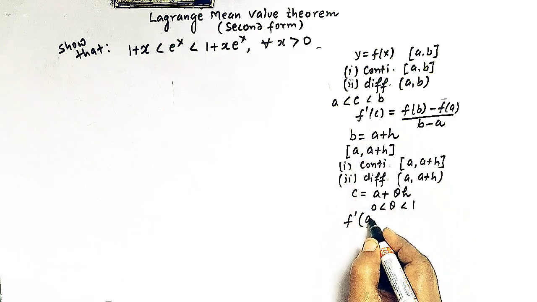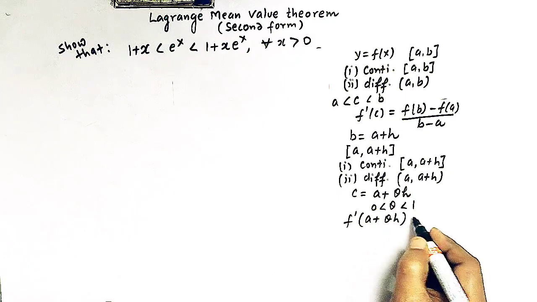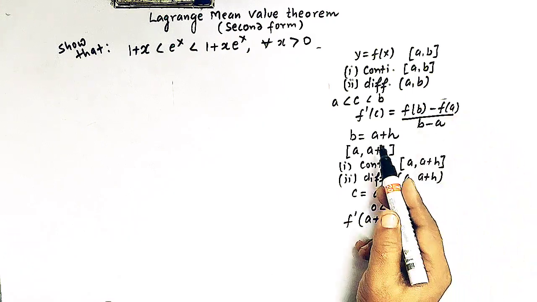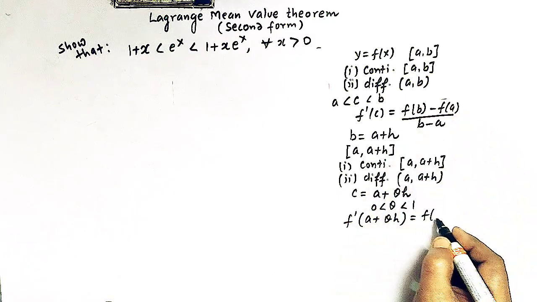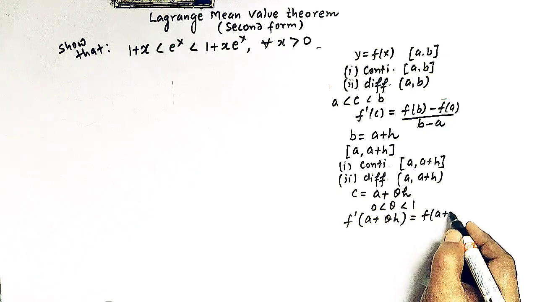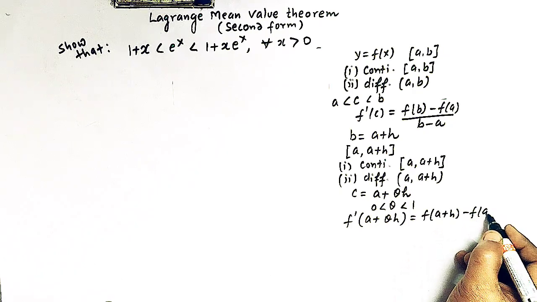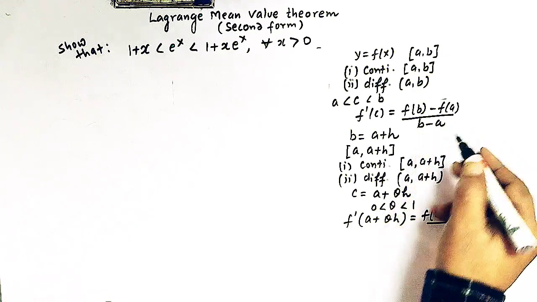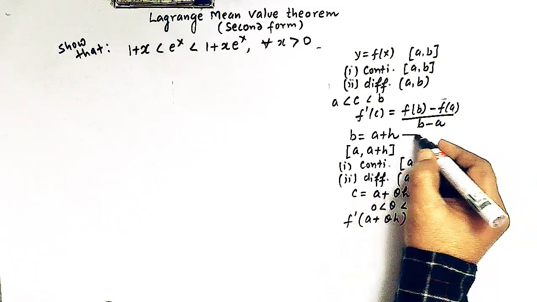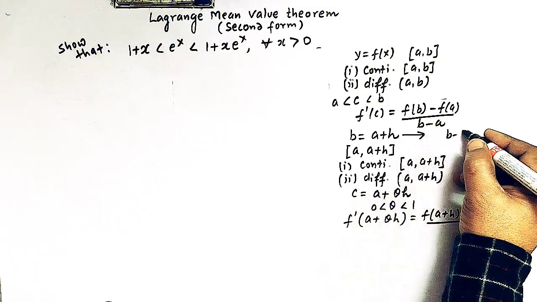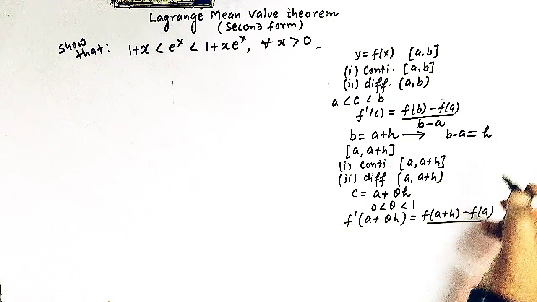With c given by a plus theta h and b now a plus h, we have f prime of a plus theta h equal to f of a plus h minus f of a divided by b minus a. Here b minus a is equal to h.